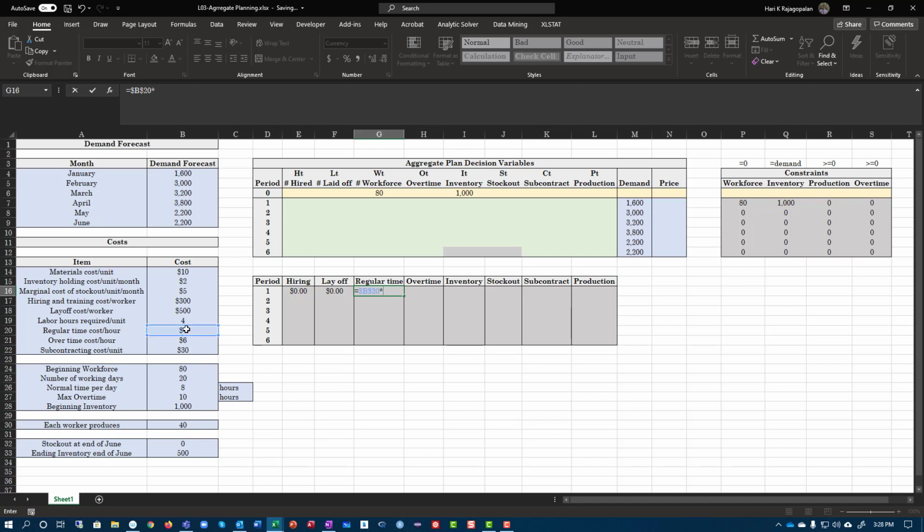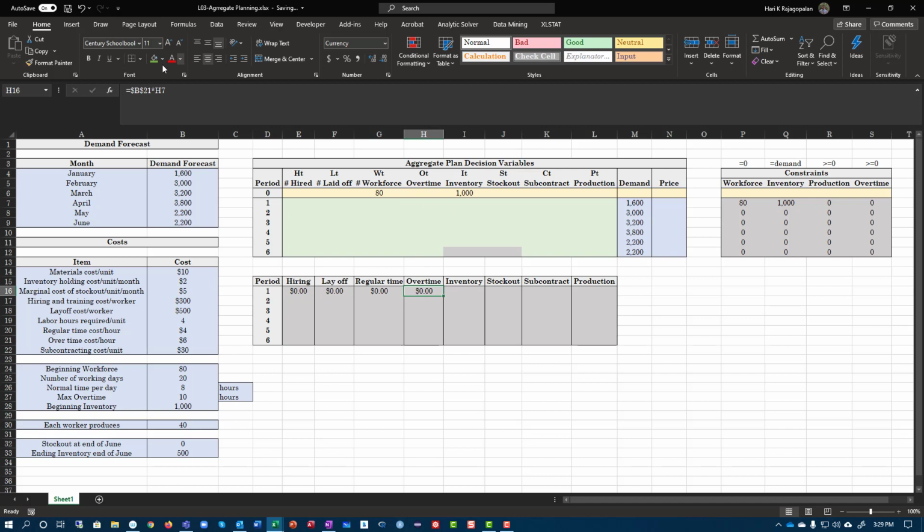Now, don't forget that we are looking for an entire month. Each worker makes, we have 20 working days, and we have 8 hours. So they make a total of 640, and then you multiply it by the number of workers, right? Overtime is essentially $6 an hour, F4 multiplied by overtime here, right?